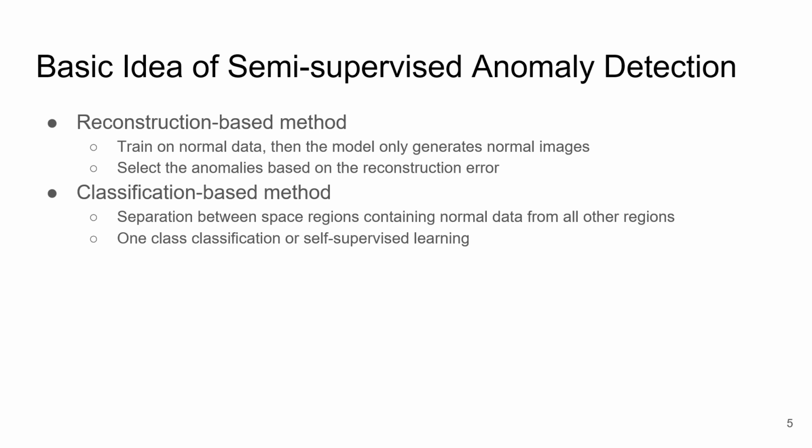Next I will introduce some basic ideas of semi-supervised anomaly detection. The first is the reconstruction-based method. This idea is often combined with generative models, like autoencoders or GANs. We train on normal data, then we assume the model only generates normal images.